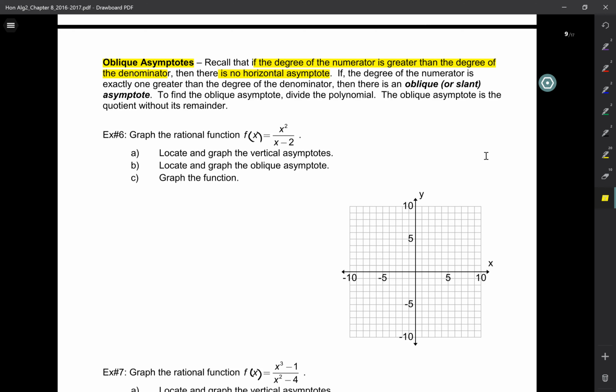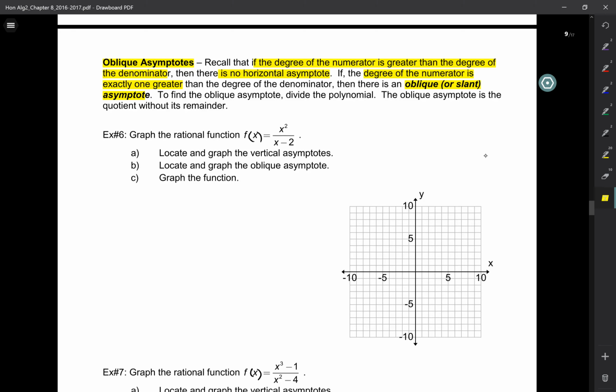Now, if the degree of the numerator is higher by exactly 1, then there is an oblique asymptote.